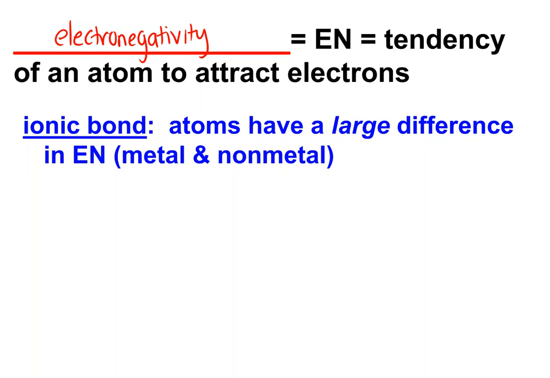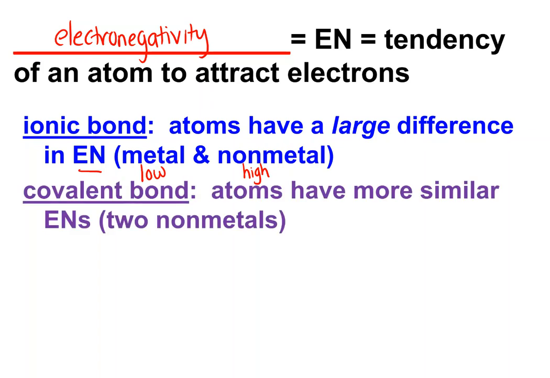In an ionic bond, they have a large difference in electronegativity. In other words, a large difference in how much they hold on to their electrons. Nonmetals tend to have a really high electronegativity, and metals tend to have a low. And because there's that big difference of pull for electrons, they will just transfer. The metal has a weak attraction for its electrons, so it will just give electrons to the nonmetal. That's what happens.